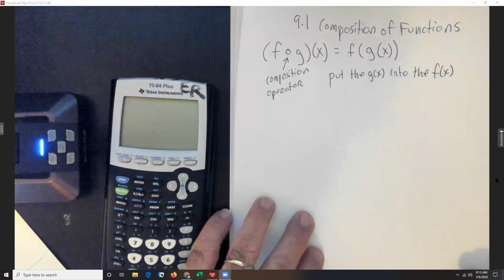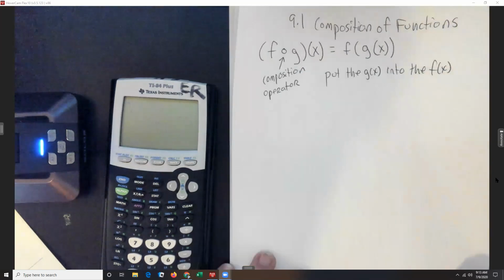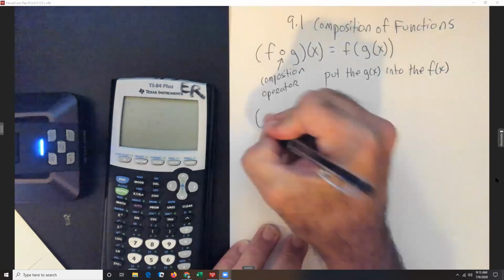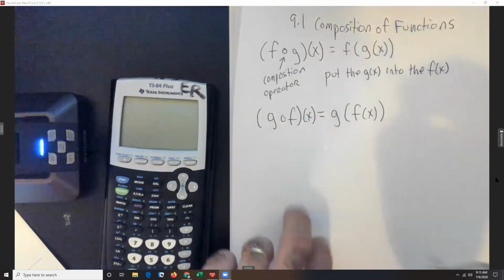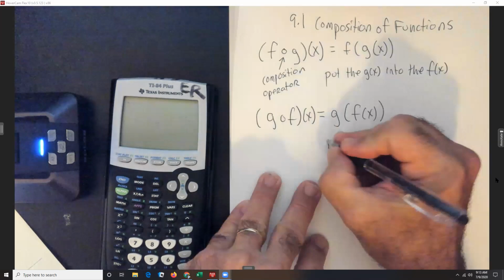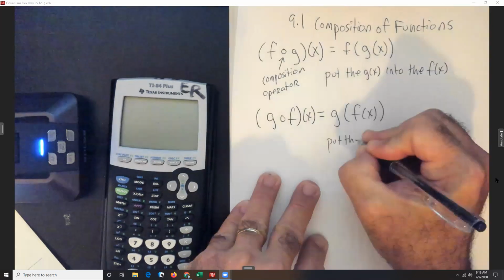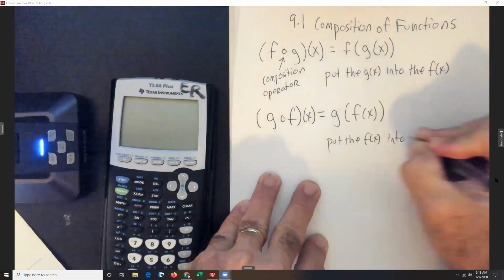Now, they do this the other way. We got a g of f of x, which is g of f of x. So for this one, we put the f of x into the g of x.